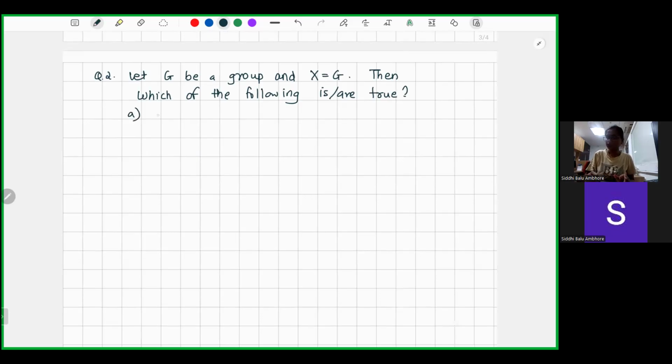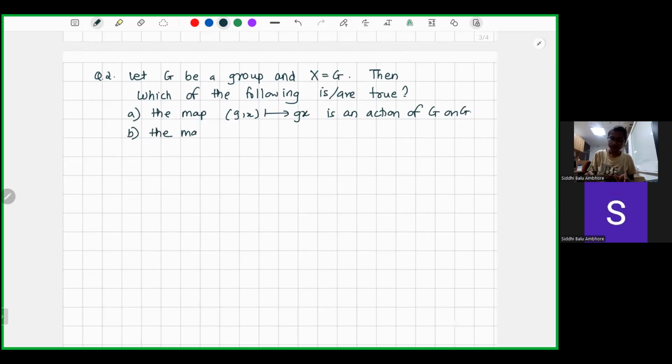The first option: the map (g, x) going to gx is an action of G on G.